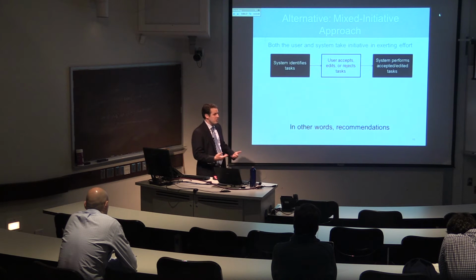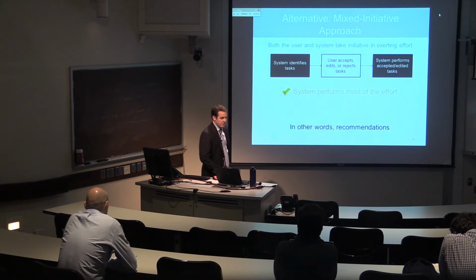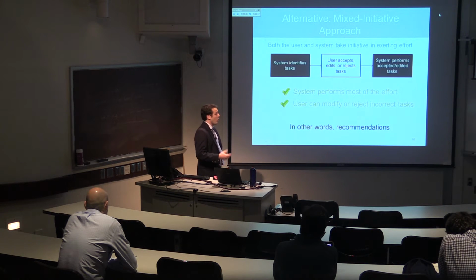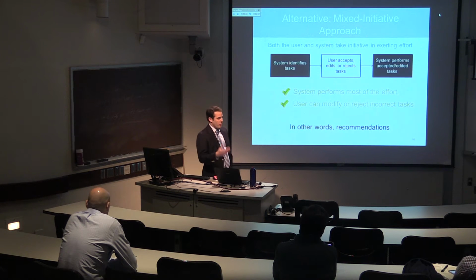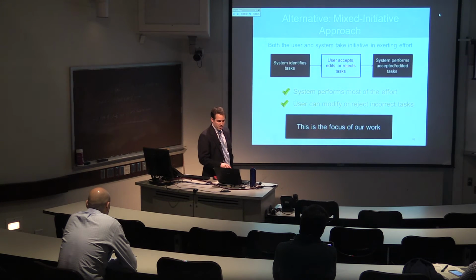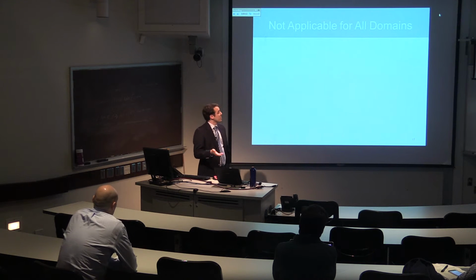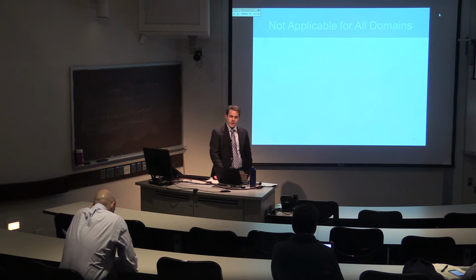In other words, this approach generates recommendations. And this is good in that the system performs most of the effort, but the user can modify or reject incorrect tasks, therefore blocking some possible errors. And this is the focus of our work. However, this mixed initiative or recommendation approach is not applicable for all domains.